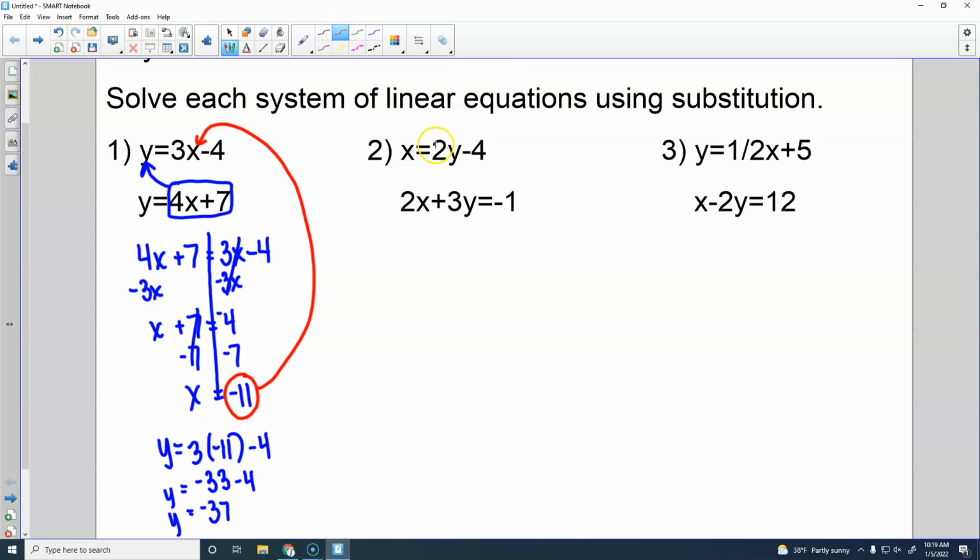So it tells me that x is equal to this stuff right here. So what I'm going to do is take 2y minus 4 and put it where the x is. Okay? So it's going to look like this. And I still write the 2. But instead of the x, I'm going to put some parentheses. And right here, instead of that x, I'm putting 2y minus 4.